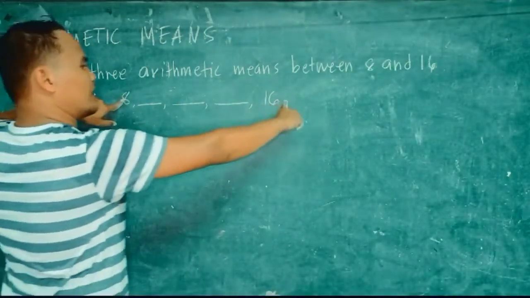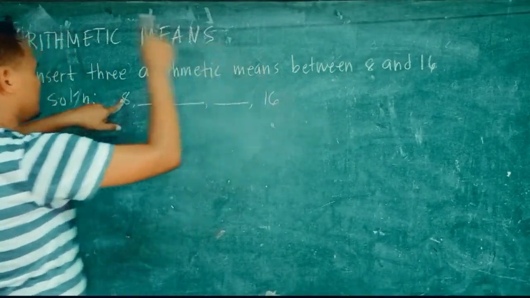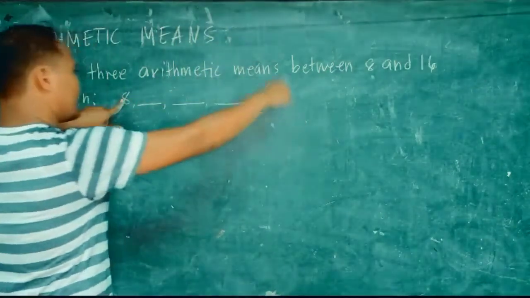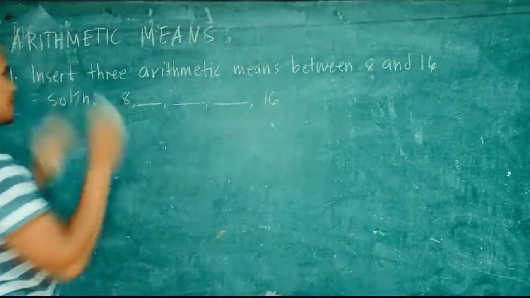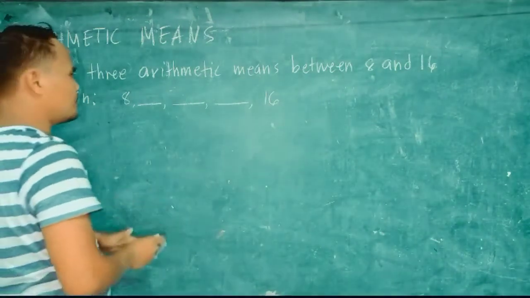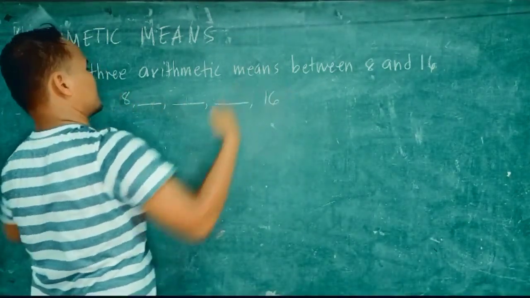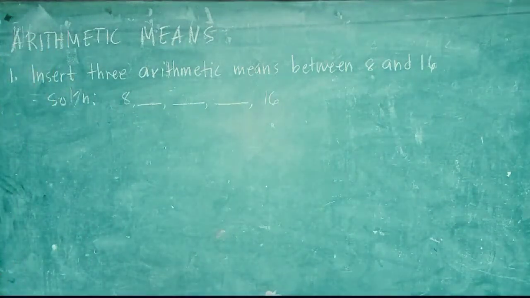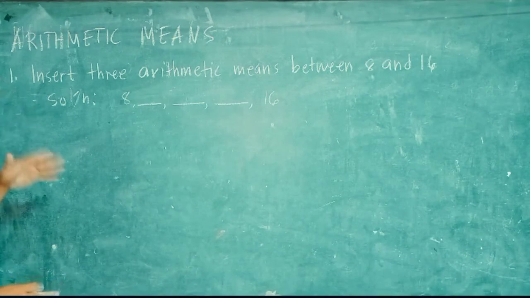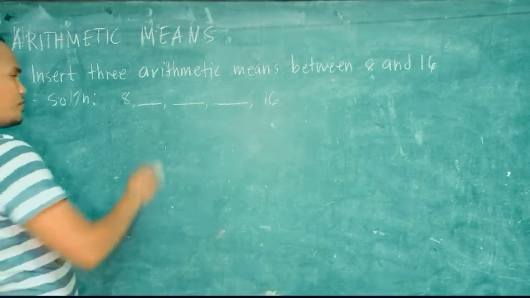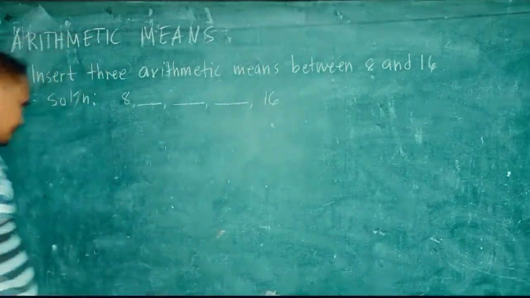This is called arithmetic extremes, non-consecutive terms. Arithmetic extremes is the first term and the last term. Arithmetic means it is the term or terms between these two terms. Okay. Now, in this problem, there are 5 terms. Because we are going to insert 3 arithmetic means between 8 and 16.